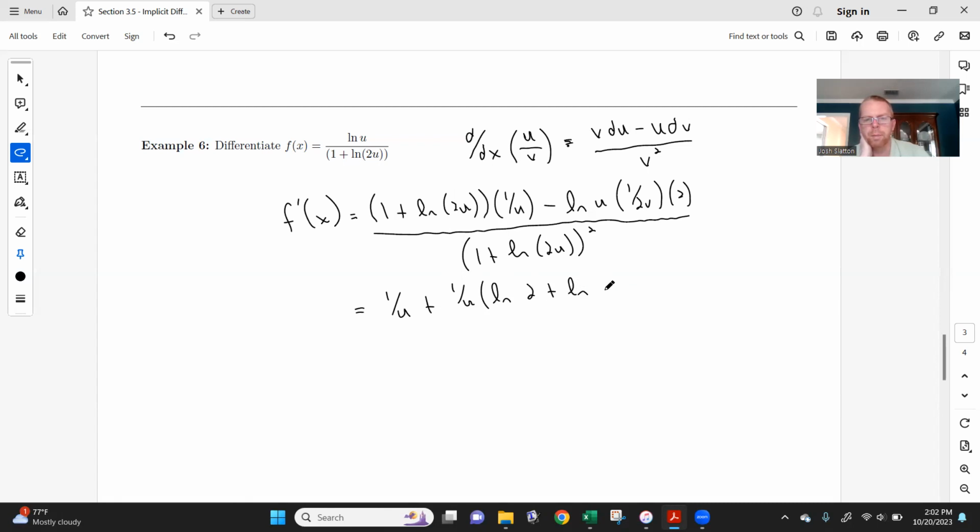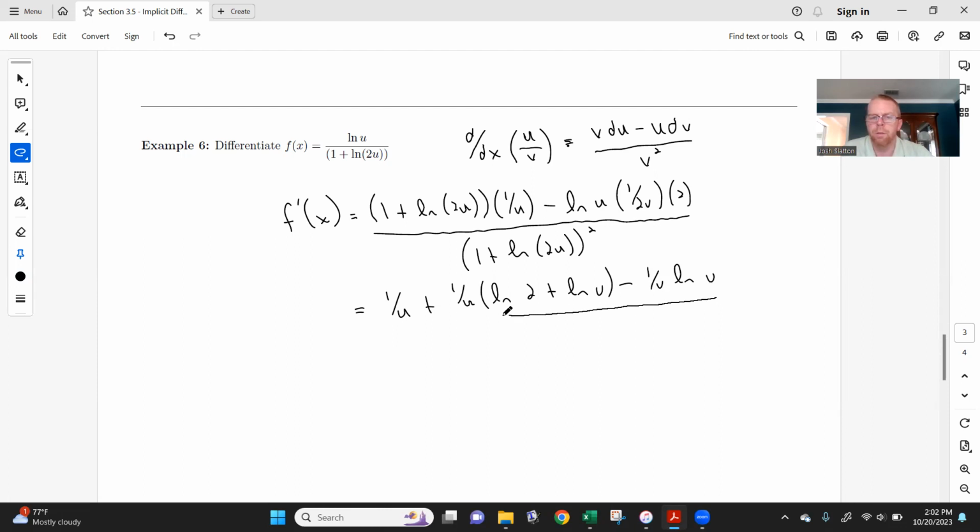And this will come in handy up here. And then we have the minus, and then 1 over 2u times 2, of course, is 1 over u. So this is, whoops, close that parentheses. Whoops, I forgot the u. ln of u, parentheses, minus 1 over u, ln of u.